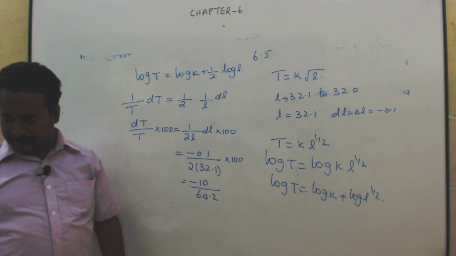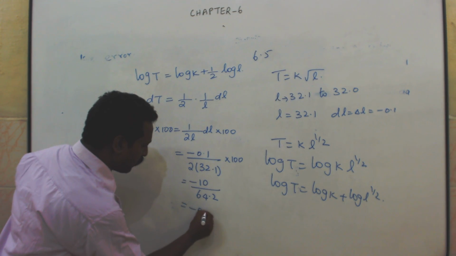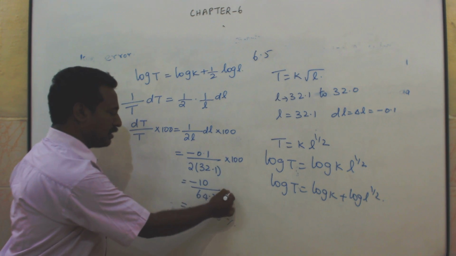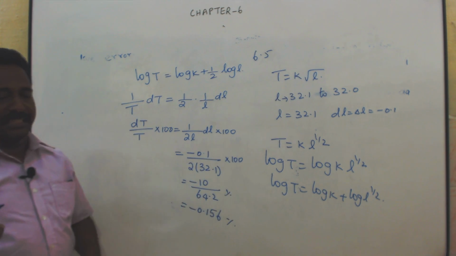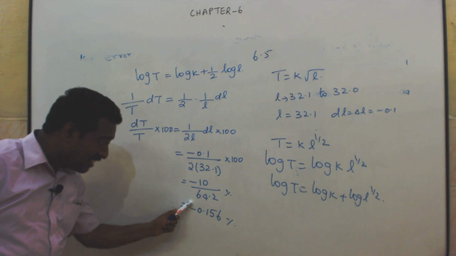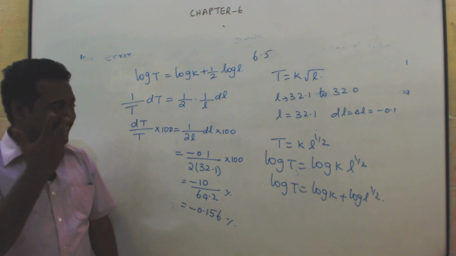When we divide this, we will get minus 0.156 percentage, because multiplying by 100 means it is understood to be percentage error. Therefore, the percentage error of T is decreasing at the rate. This minus stands for decrease. 0.156 percentage.